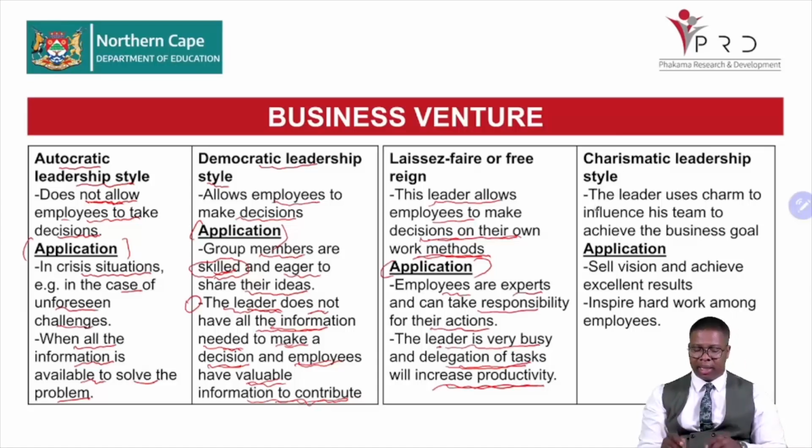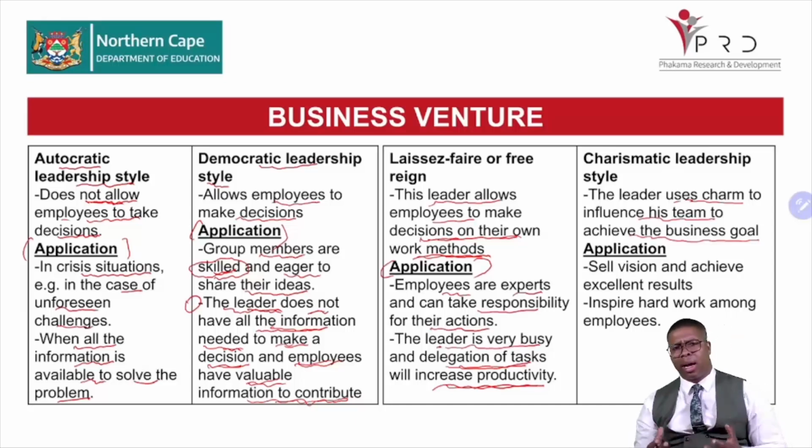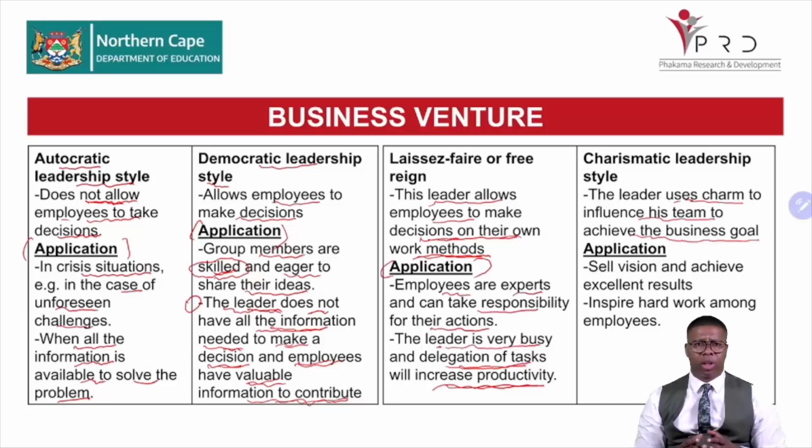Charismatic leader. A charismatic leader is the leader that uses charm to influence his team to achieve the business goals. Let's be clear, we're not talking about the charm of dressing nice here. We're not talking about how the leader looks, but the focus is on the ability of the leader to do certain activities. We are talking about the skills.